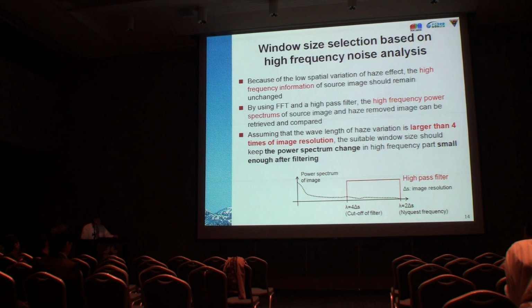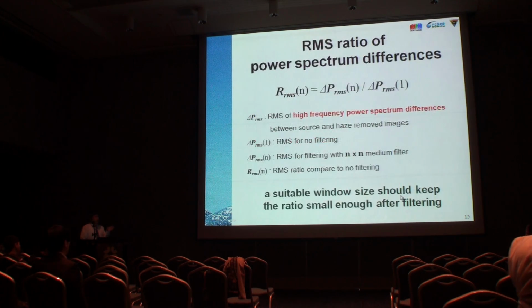So in this case, we use FFT and a high pass filter to get the high frequency information of your source image and your haze removed image. If your window size is not suitable, then your high frequency response will be affected. So we try to select a window size that does not affect the information in the high frequency part, and then you can get a suitable result.